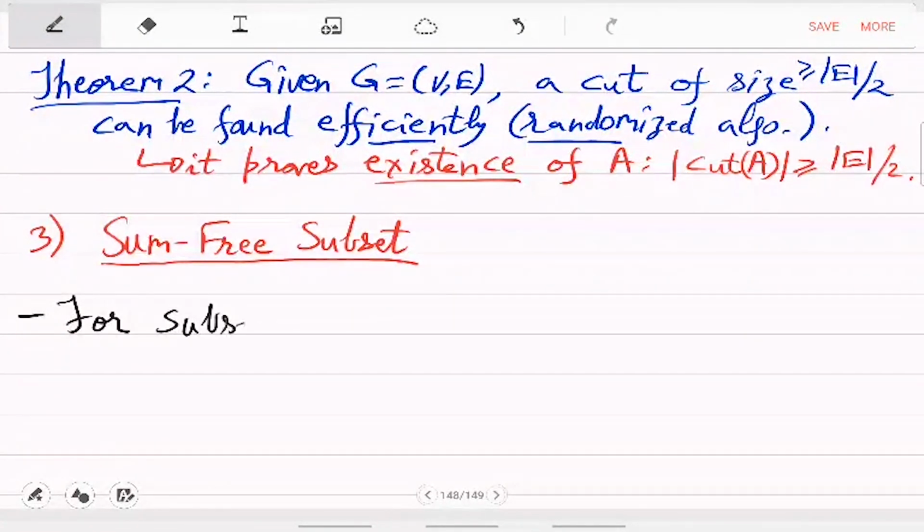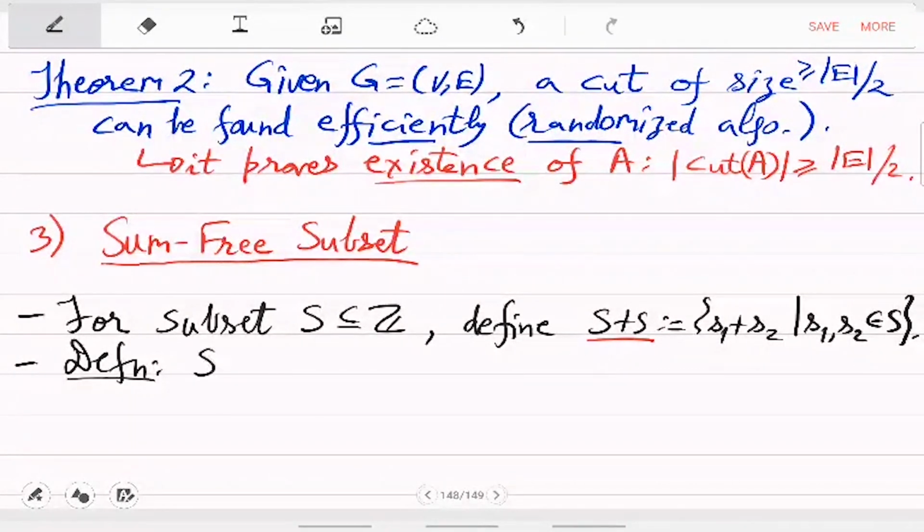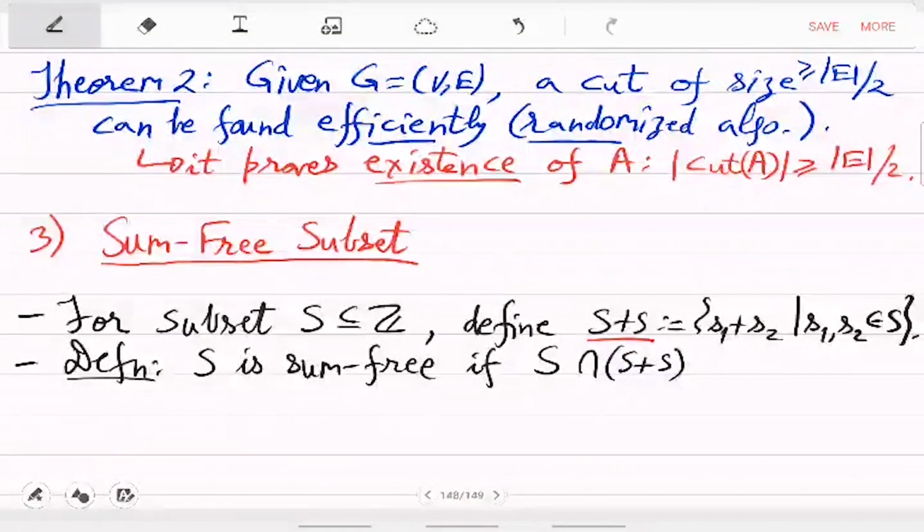So, for a subset of integers S, define S plus S as the natural thing: for any two elements in S, maybe with repetition, just add them, and all such sums, that is S plus S. Now, we call S sum free if S and S plus S are disjoint.